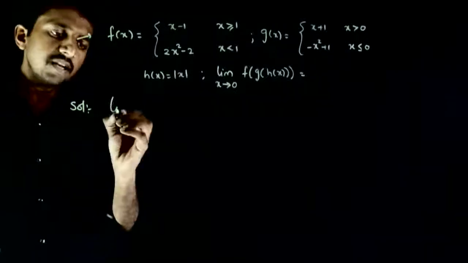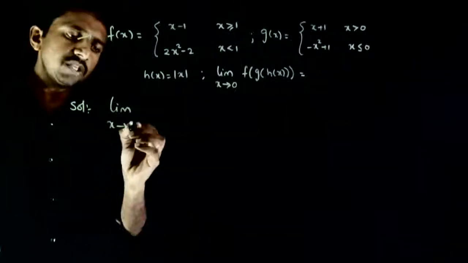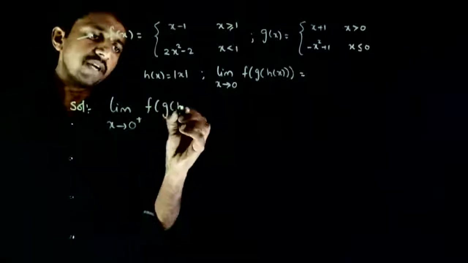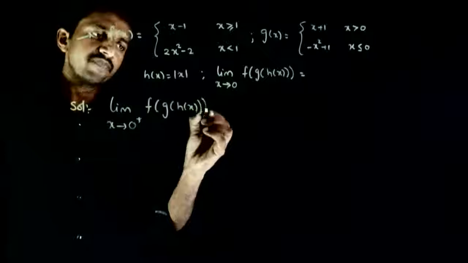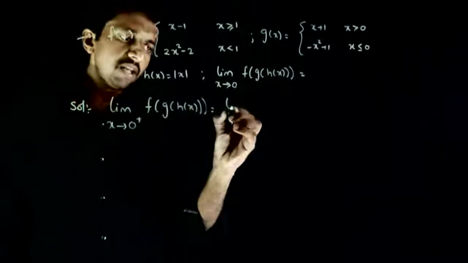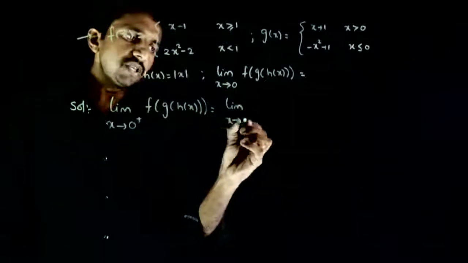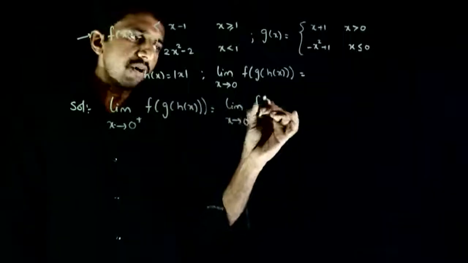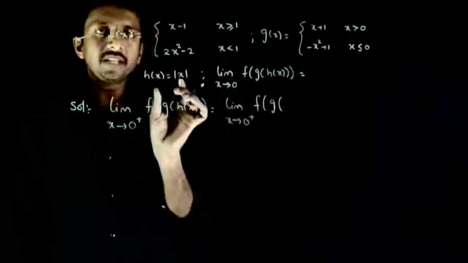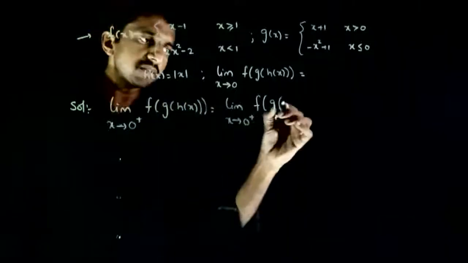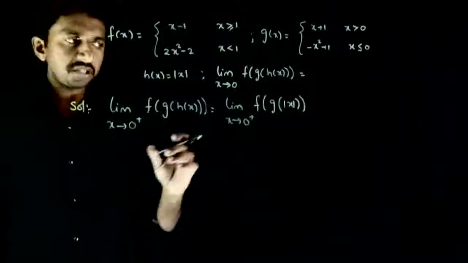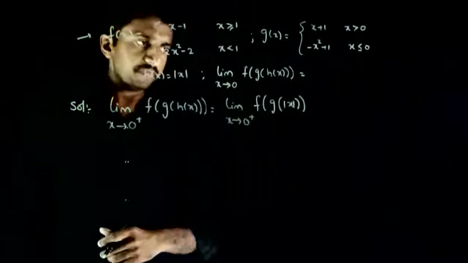So first, limit x tends to 0 plus f of g of h of x is equal to limit x tends to 0 plus, x going to 0 plus. So f of g of h of x, my h of x is mod x. ठीक है, my h of x is not a piecewise defined function, वो मैं directly substitute कर सकता हूँ.